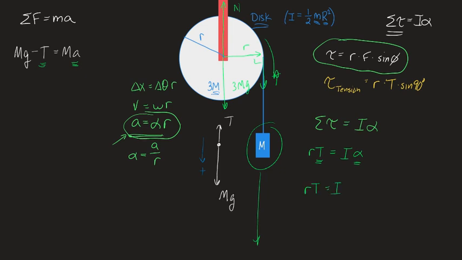Okay? All right, so with that being true, we can go back over here and write this as RT equals I A over R. Now, truthfully, right now, we could probably get a solution, but it would have I in it. It's not a problem, but that's what we would do.